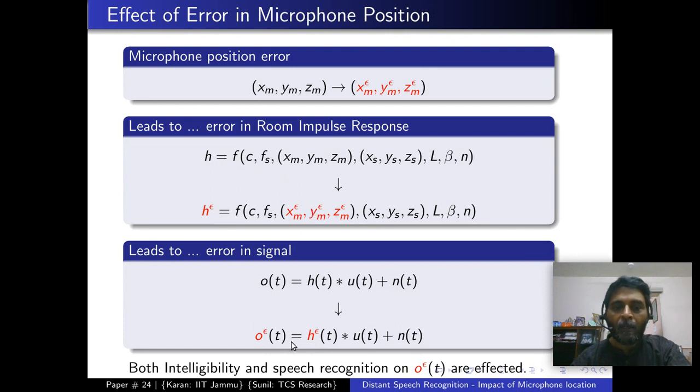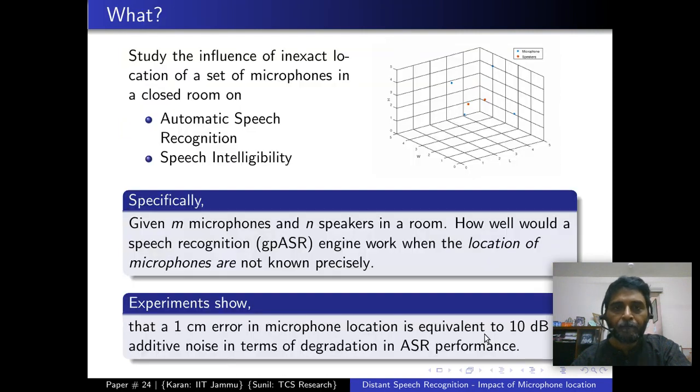This leads to an erroneous output of the microphone speech, given by O_epsilon(t). Because of this, both the intelligibility and the speech recognition of the output of the microphone get affected.